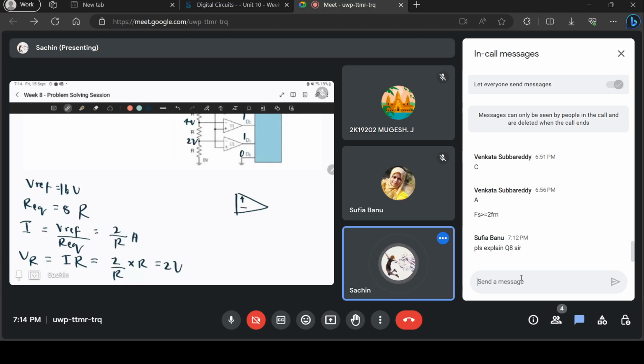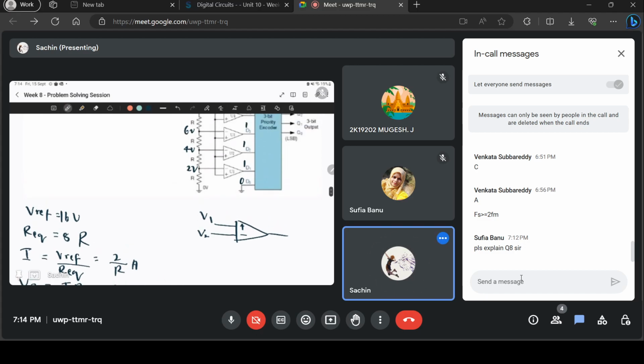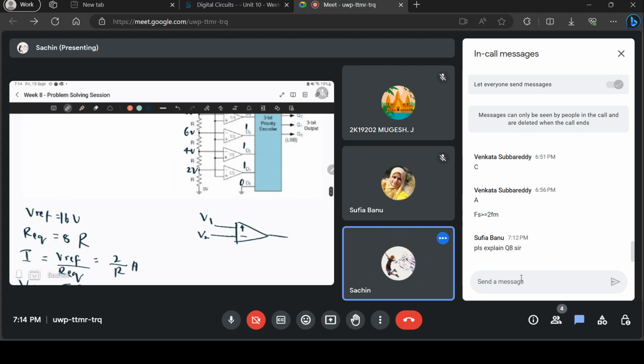What it will do is, let's say voltage V1 is connected to the positive terminal and voltage V2 is connected to the negative terminal. By positive terminal, I mean wherever there is a plus sign in the triangle, and negative terminal is the minus sign.